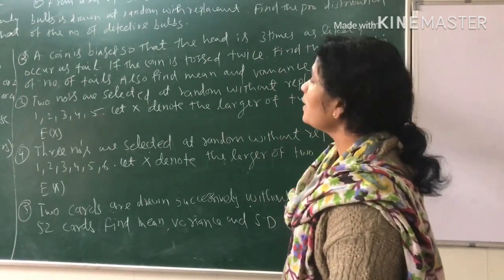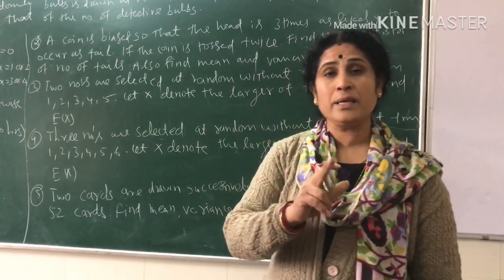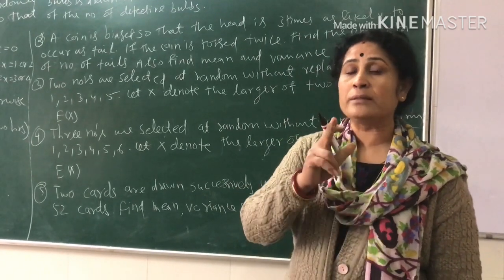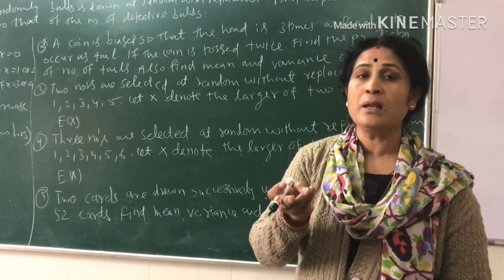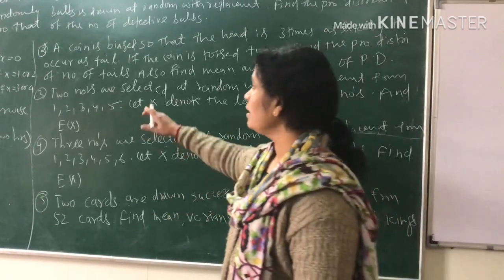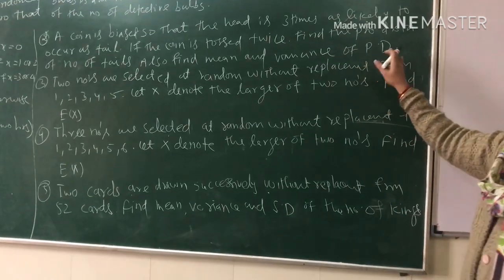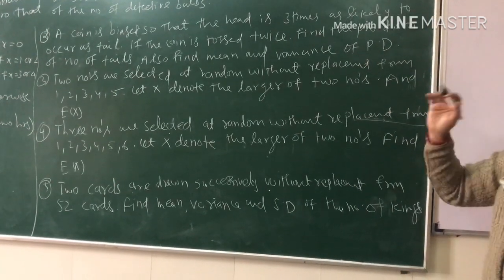Now find the probability distribution of number of tails. What they are asking, probability distribution, that is your success. Number of tails means a tail is a success and head is unsuccess. Now also find mean, variance, standard deviation of the probability distribution. Now let me explain.